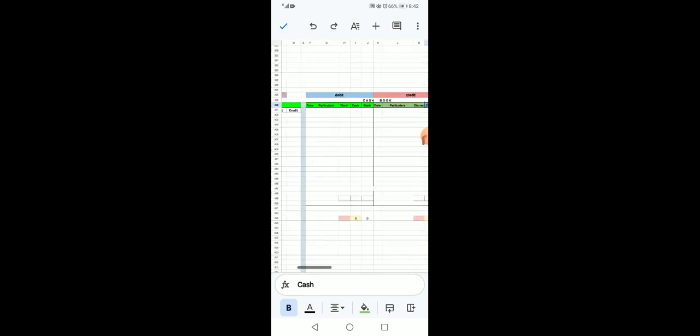As you can see, we have the debit side, and on the debit side there are three columns: discount, cash, and bank. And we have the credit side, and again we have discount, cash, and bank on the credit side. It means ledgers of three elements are combined. When three elements are combined, it is called a triple column cash book.